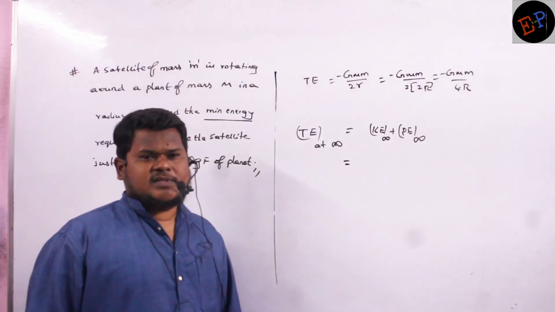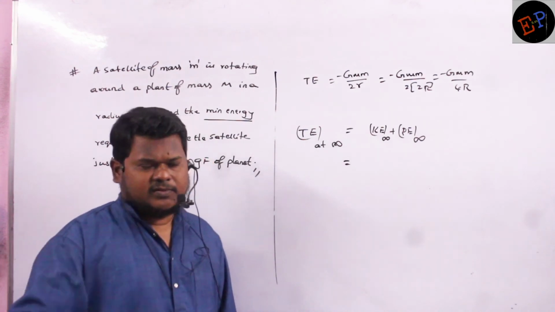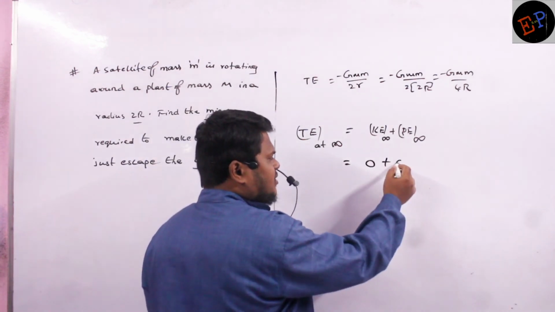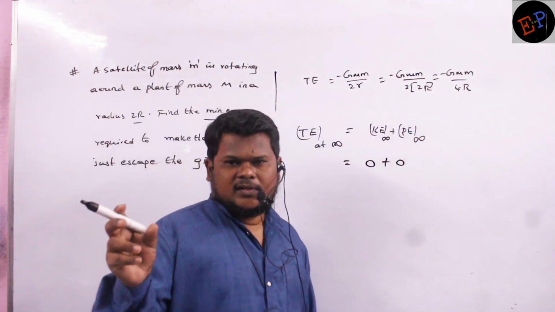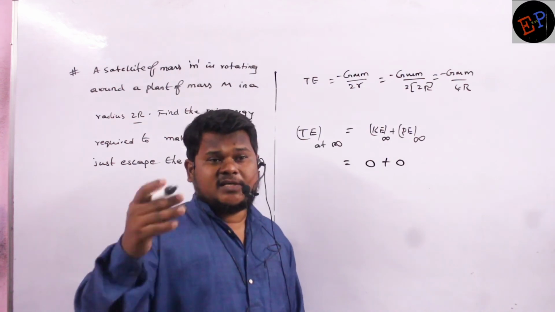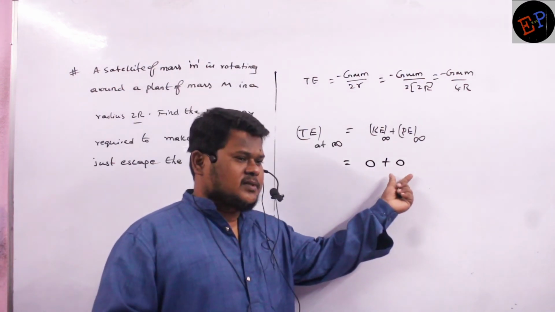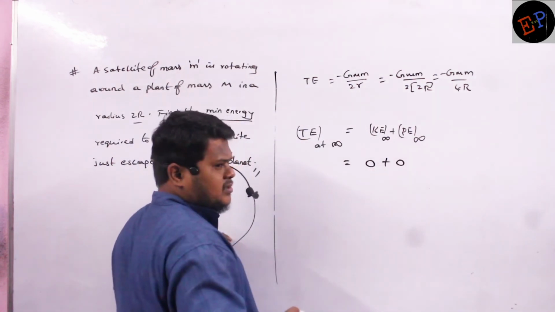It means kinetic energy is how much? 0. Potential energy is already 0, because once it reaches the end of the gravitational field, maximum potential energy will be there. And maximum potential energy is how much? 0. So therefore, this is the total energy at infinity.